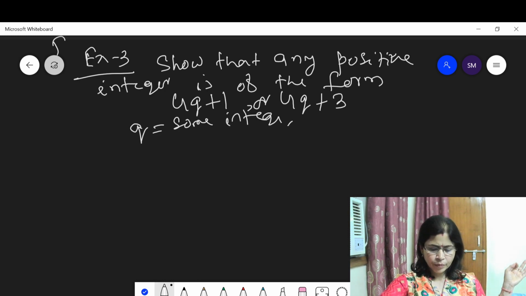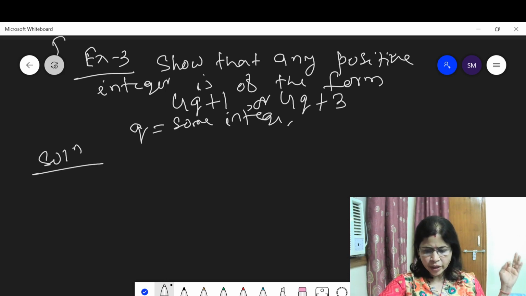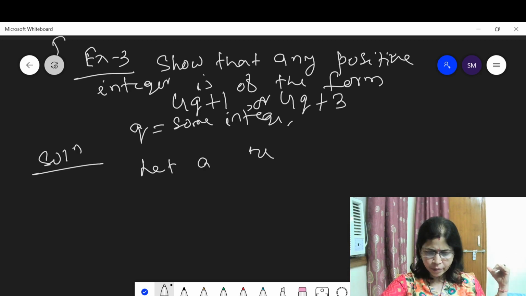Okay, then solve. As you know, let A be any positive odd integer, so that any positive odd integer is of the form 4q plus 1 or 4q plus 3.